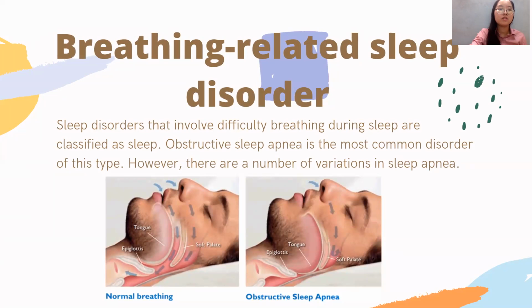We can see the first picture is normal breathing. In normal breathing, the air enters through the nose and mouth at the same time. However, the nose and mouth enter into different areas before entering the apparatus.